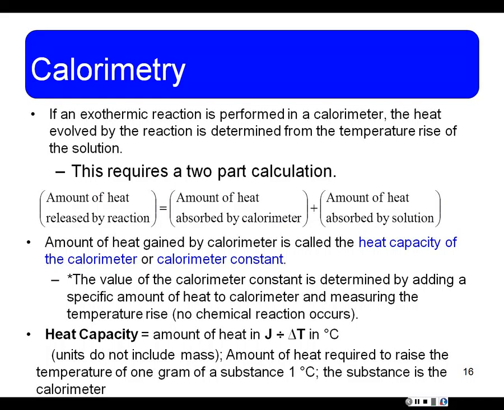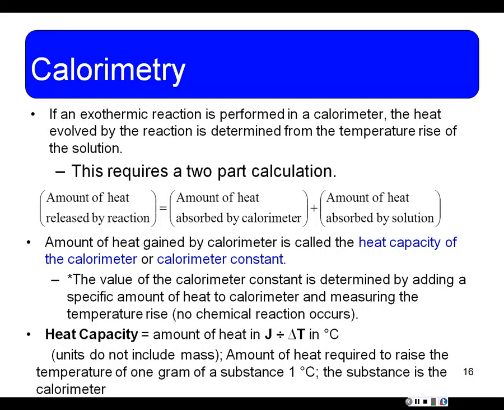The water and the calorimeter. So we have to know both of those values to determine the total heat released by the reaction. If we just take into account the water, then that's going to be off compared to how much heat is in reality being released.